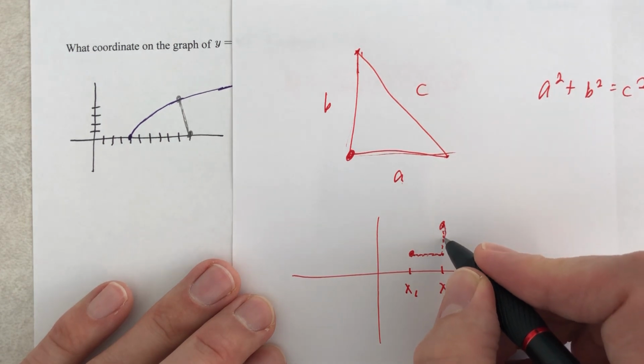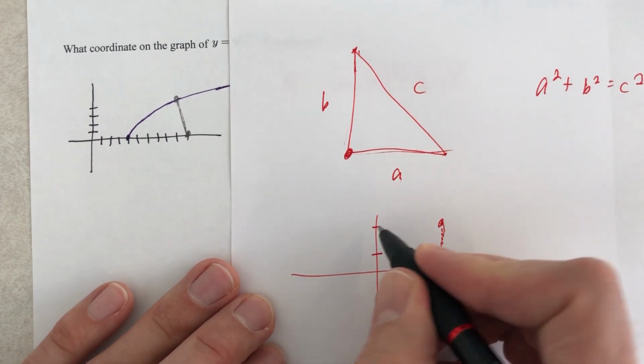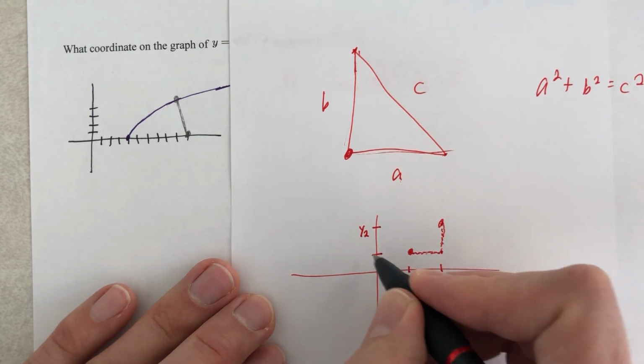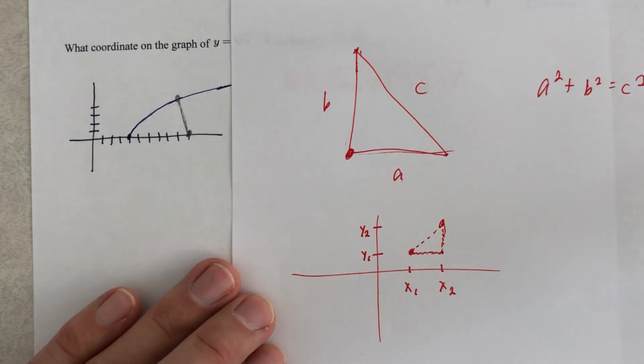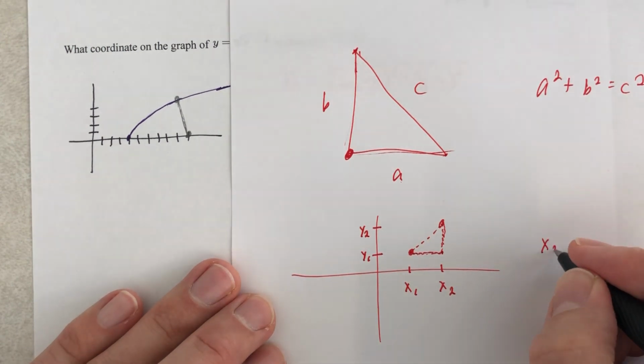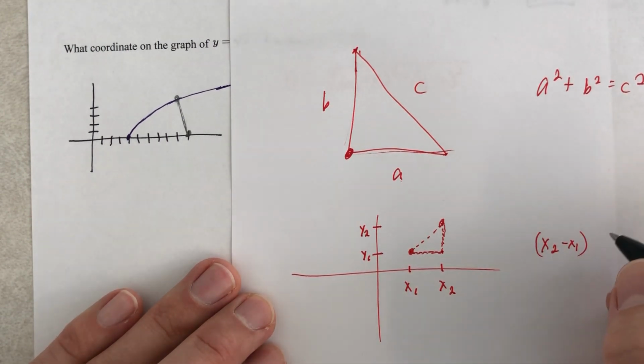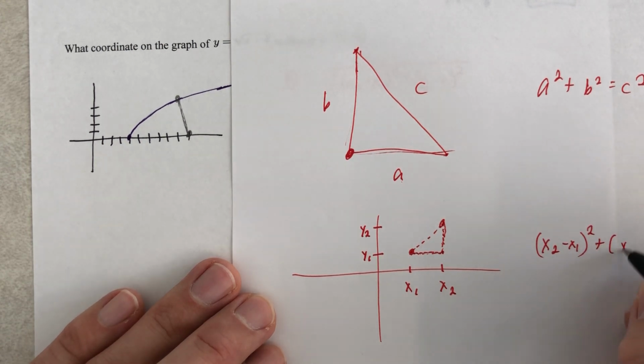And this distance is the distance by subtracting a couple of y's. And that is the distance I'm looking for. So this distance is x2 minus x1, in no particular order, squared, plus y2 minus y1 squared.